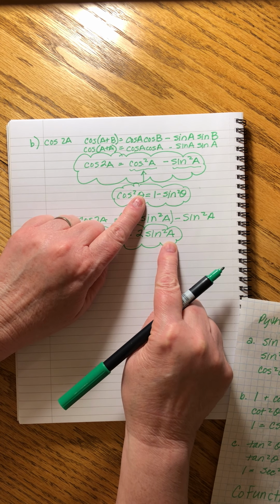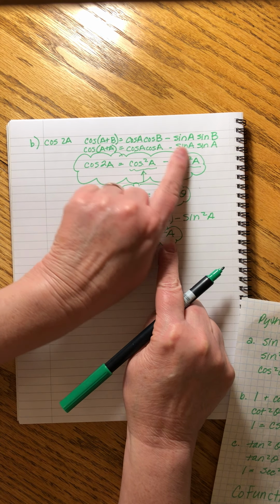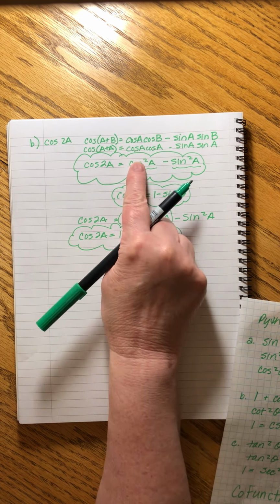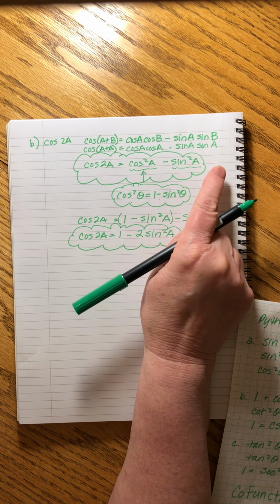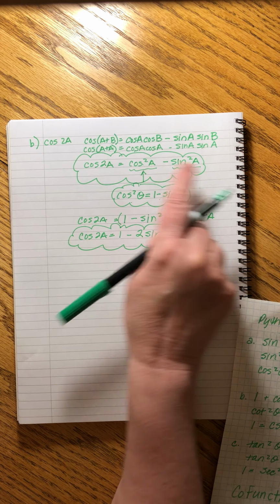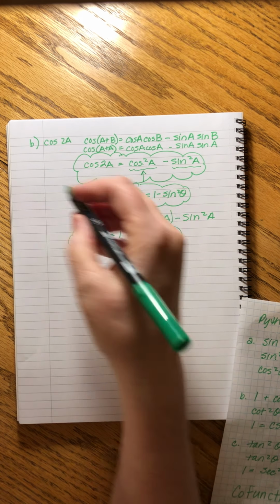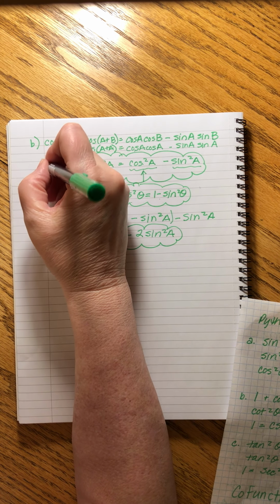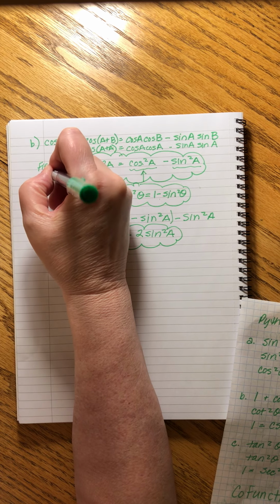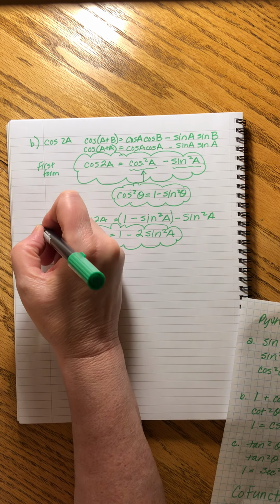We use the Pythagorean to play around with these chunks. Well, we did this one. Now we're going to do this one, and that'll give us our third form. So there are 3 forms of the cosine double angle identity. Interesting. All right, so this is the first form. This is the second form.